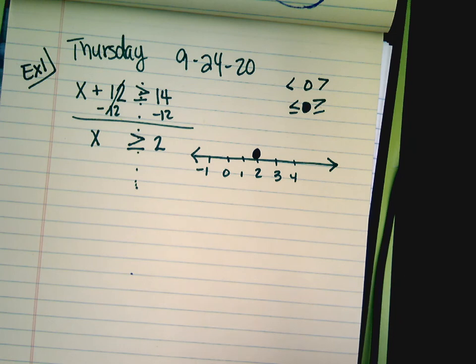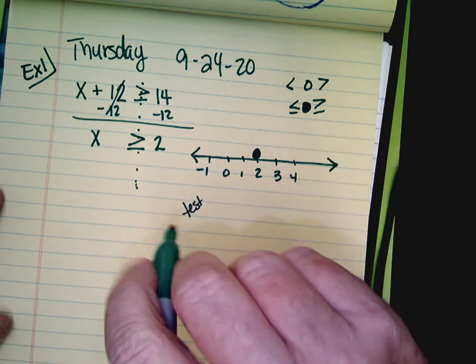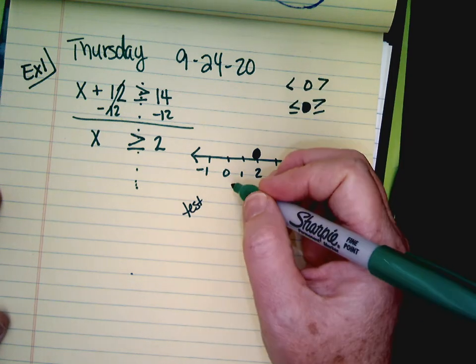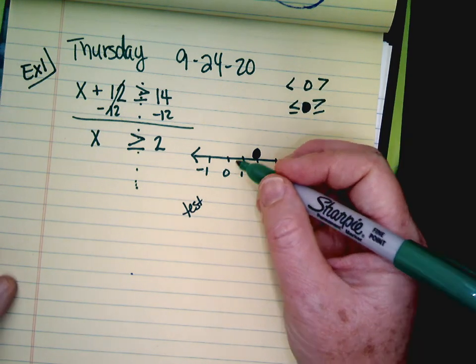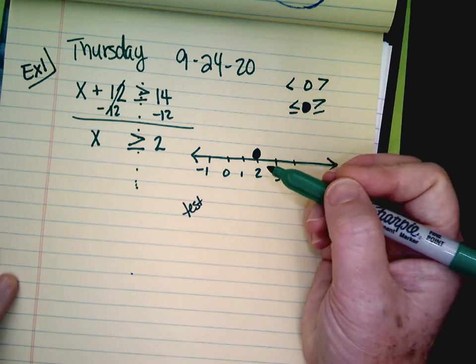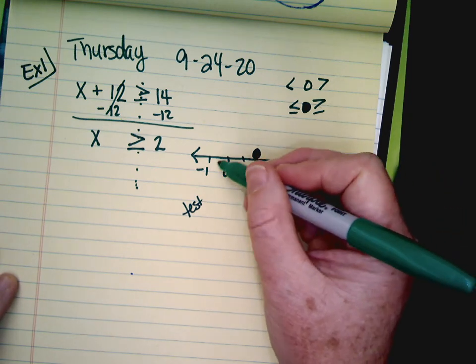decide which side of 2 to shade because you're going to usually shade one side of that number line or the other. The way we do that is we test the point. What do you want to test? What number do you want to use to test the point?